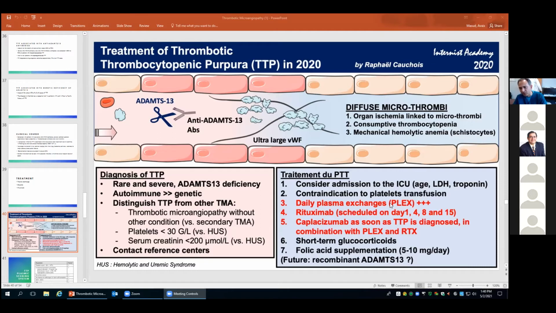But plasma exchange should be started when you think the patient has TMA and TTP is not ruled out. So treatment is starting Plex every day until your platelet count is more than 150, or when the condition improves clinically. At the same time, you start rituximab.